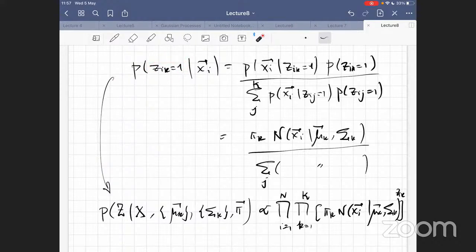If this is 1, then this exponent is 1, and you get this value. Otherwise z_ik is 0 and you get nothing.